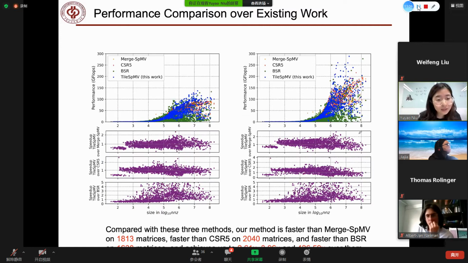And we compare our TileSpMV with merge SpMV, CSR5 and BSR. As we can see, compared with these three methods, our method is faster than merge SpMV on about 1,800 matrices, faster than CSR5 on 2,040 matrices, and faster than BSR on more than 1,600 matrices.